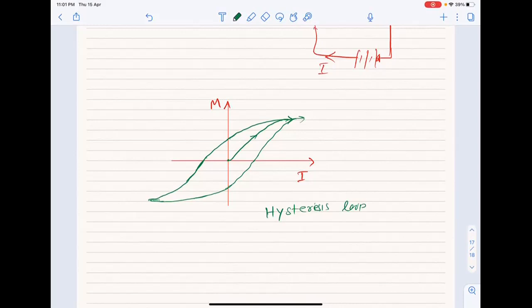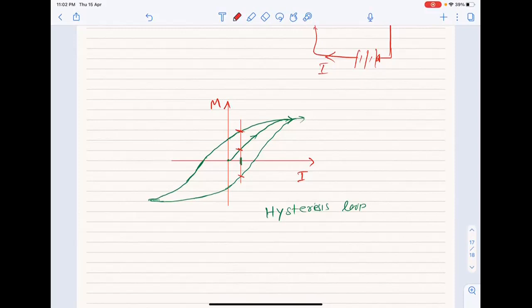For example, if you are at a particular current level here, you see there are 3 possible magnetizations at this particular current: one here, one here, one here. It depends upon where you are starting from to reach this particular I.